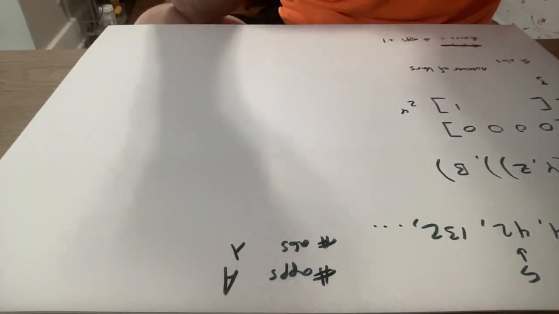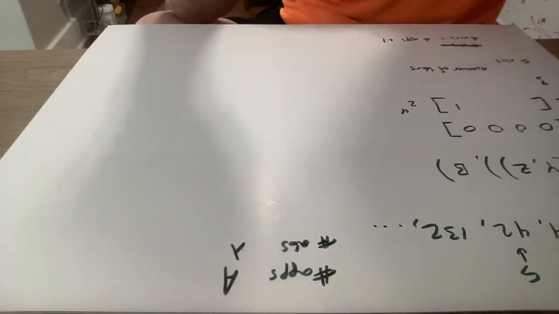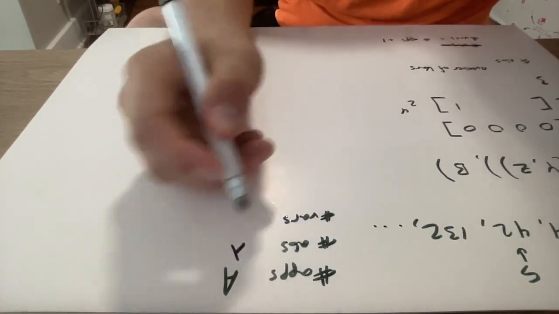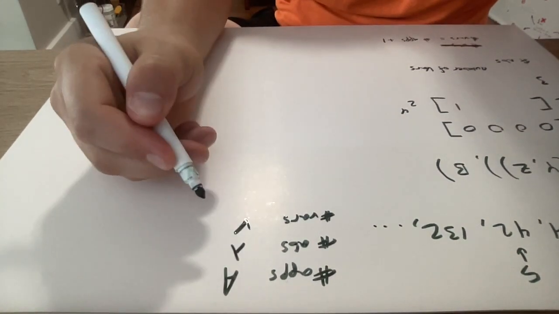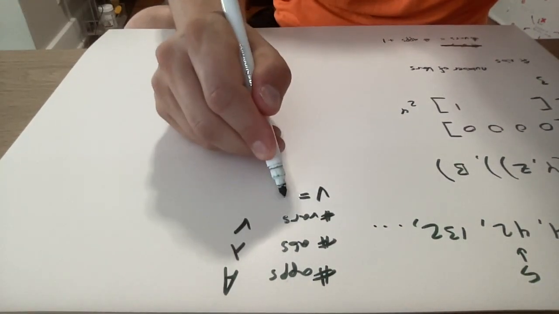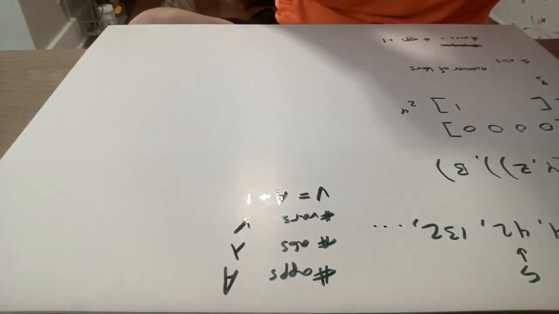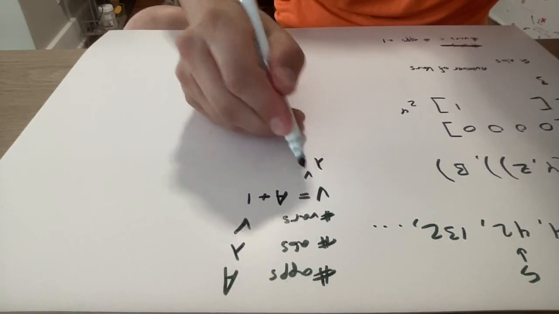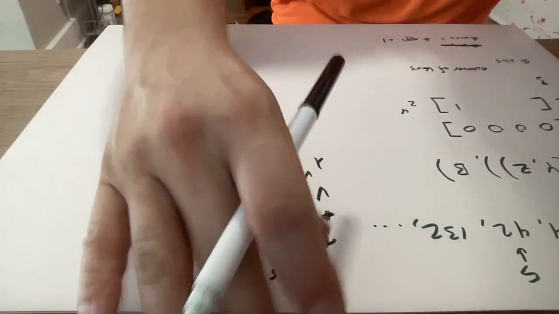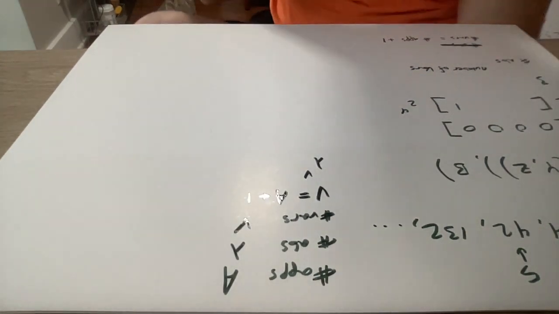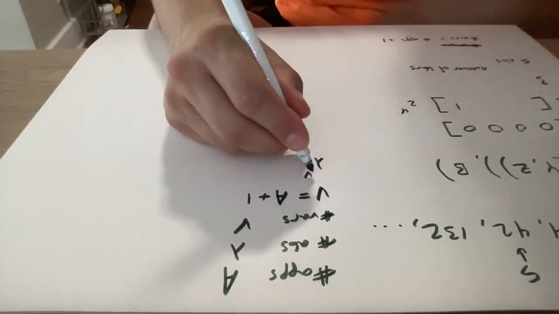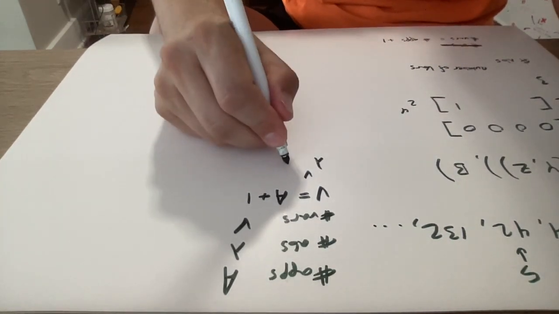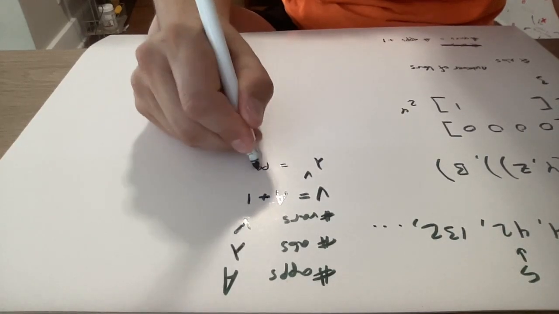Okay. So the number of variables, we'll just call it V. So V equals A plus 1, okay? And then lambda to the V is going to be the par, I guess.